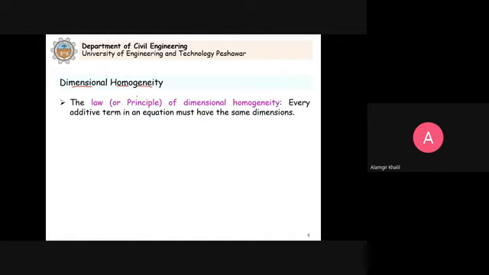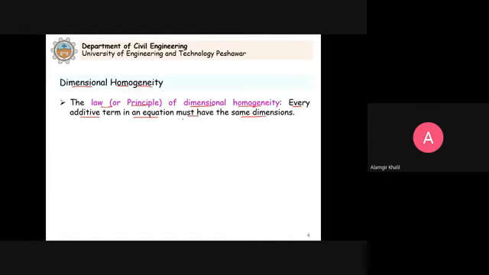So the law or principle of dimensional homogeneity is important, and this law says that every additive term in an equation must have the same dimensions.